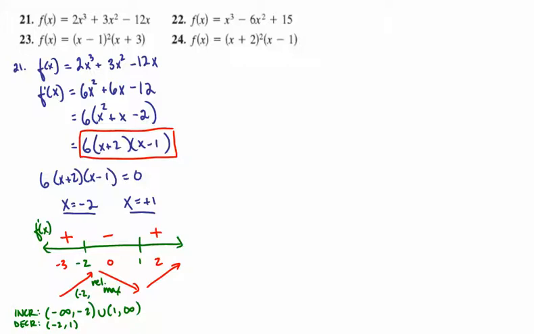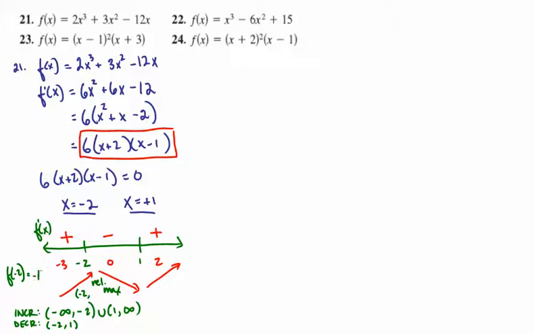And recall that in order to find the y-coordinate, we have to plug back into the original function. So negative 2 to the third is negative 8. So let's see, we want f of negative 2, and that's going to give us negative 8 times 2 is negative 16.